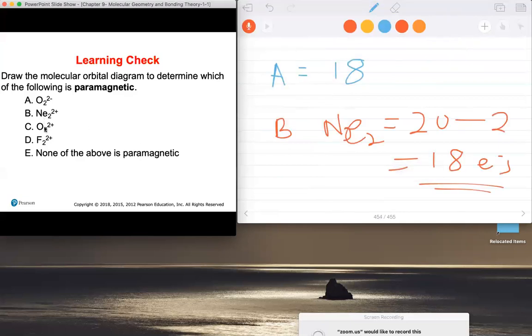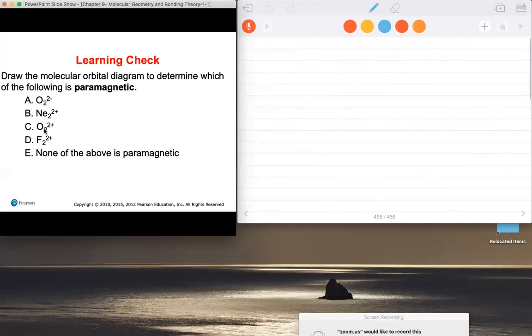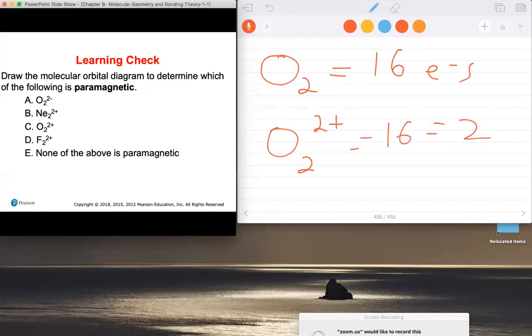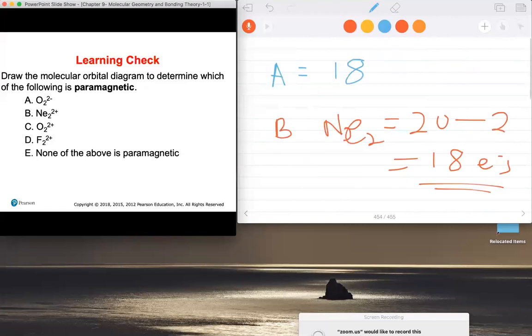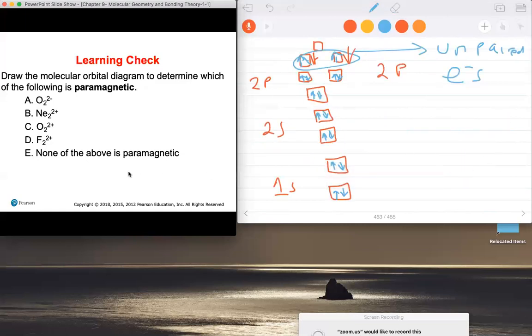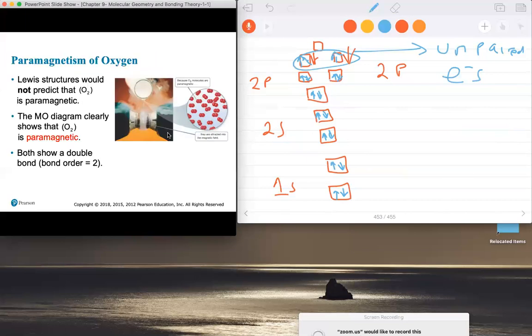For O2, this has 16 electrons, but O2 with an overall charge of plus 2 is 16 minus 2, so you work with 14 electrons. In filling this diagram, see which one will give you single or unpaired electrons, to determine which one is paramagnetic and which one is diamagnetic.